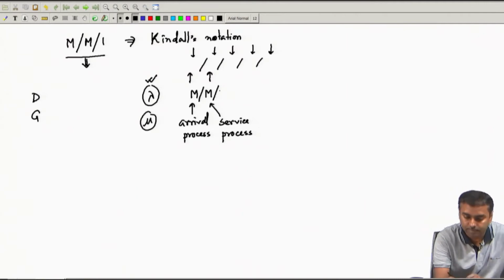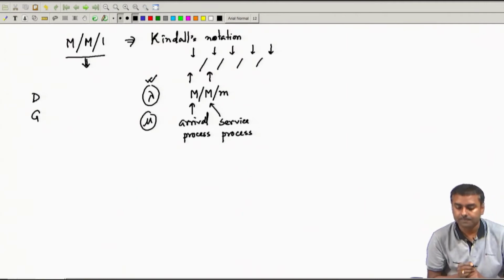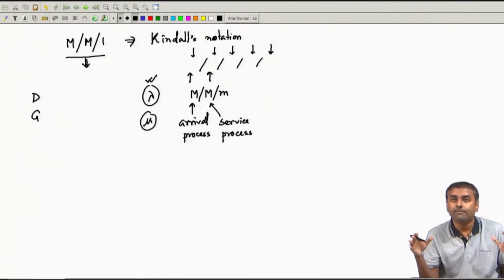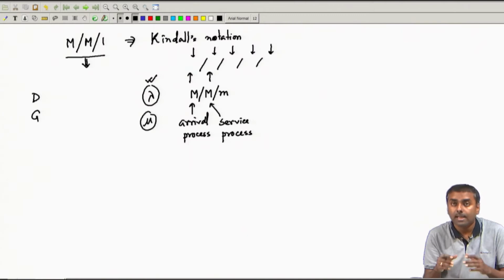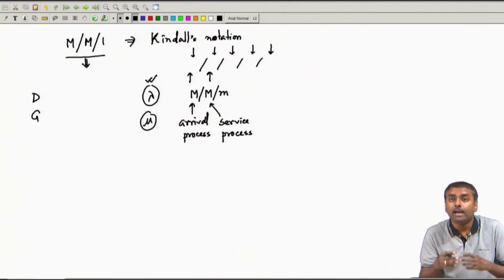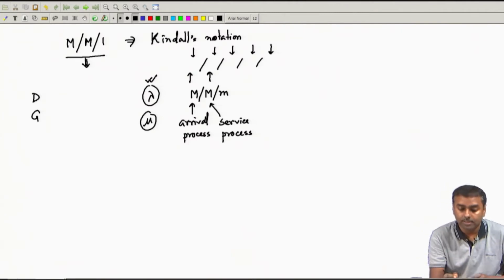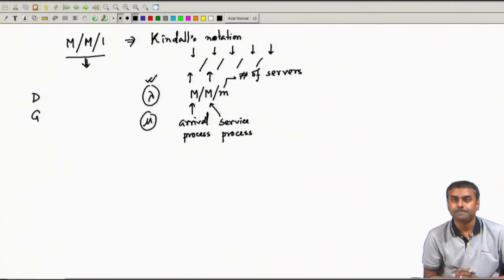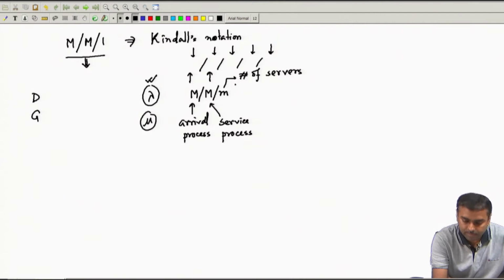I can put some small m. Now we have characterized the arrival and service process. Now, we have to characterize how many servers are there. So, this specifies the number of servers.